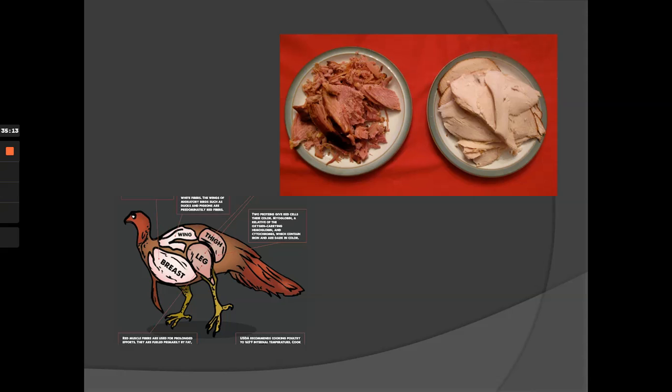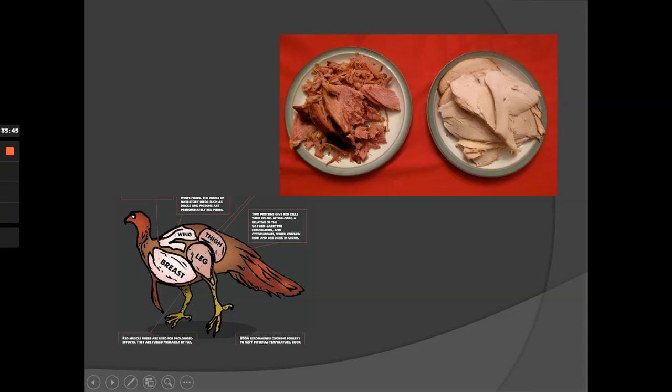It's kind of like the storage closet for the oxygen, an extra oxygen supply on the inside of those muscle fibers. It's a pigment that's going to attach that oxygen. And so when you have lots of that myoglobin, it's going to show up in the appearance of the meat. So dark meat has much more myoglobin than white meat, which has very little, if any, myoglobin.